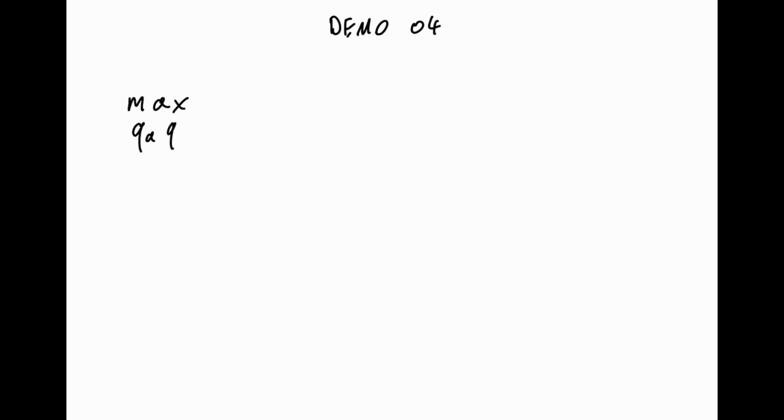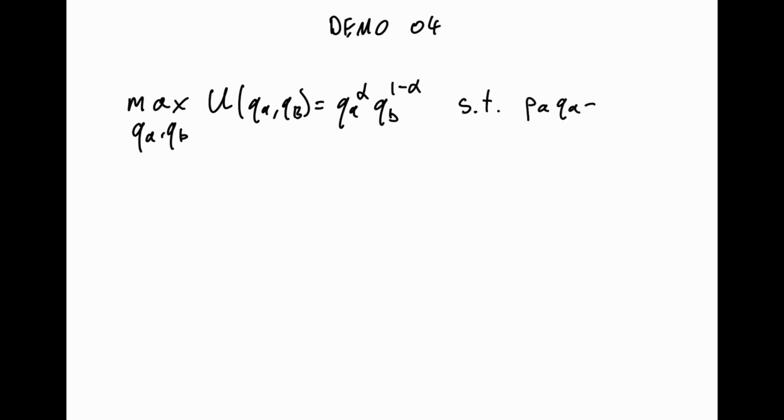We're maximizing over QA, QB a utility function U, which takes QA, QB, and it looks like QA raised to the alpha, QB raised to the 1 minus alpha, and then we're constraining it by the budget, which is PA QA plus PB QB, and that's equal to some income.